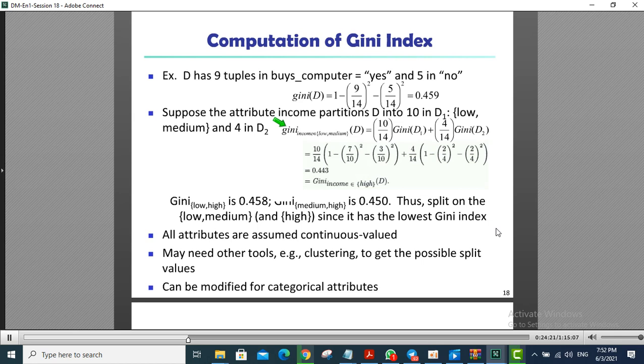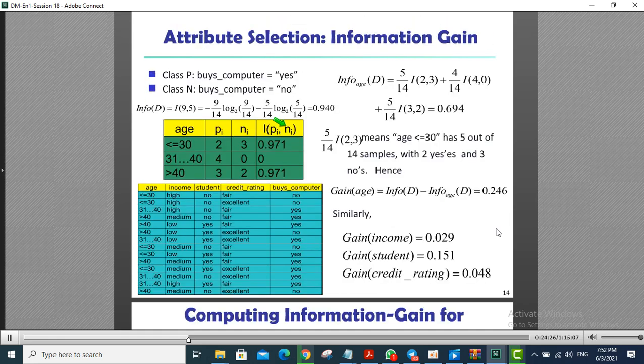So if I choose attribute income here, I can see that this attribute is a nominal attribute with 3 different values: low, medium, and high. And I'm trying to find a splitting point for this attribute.